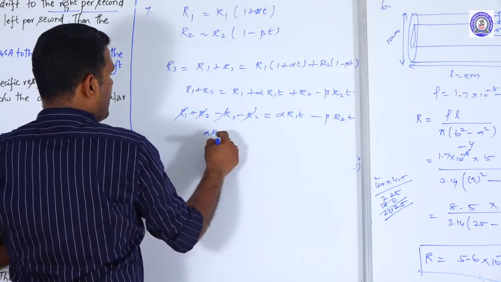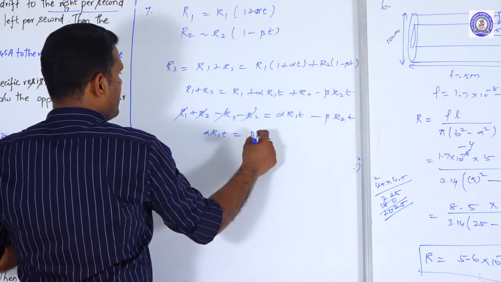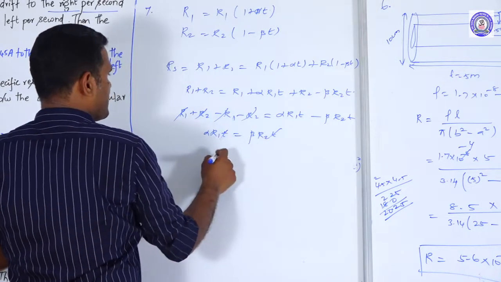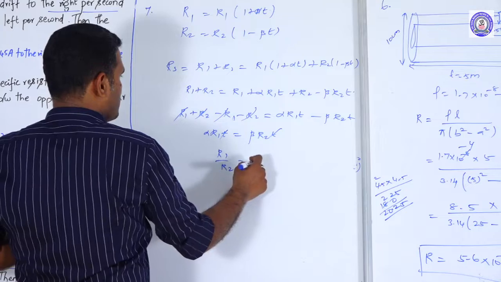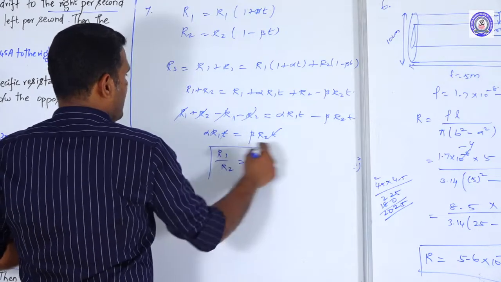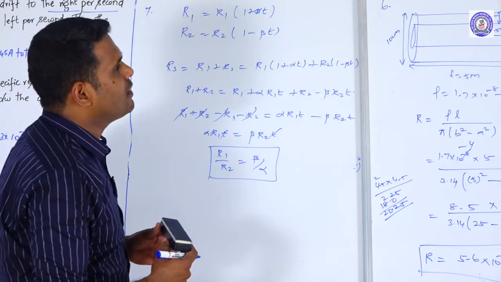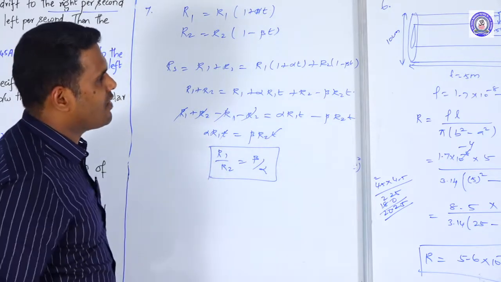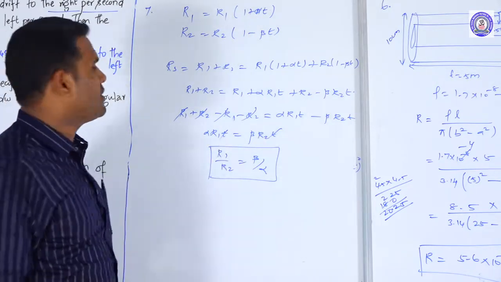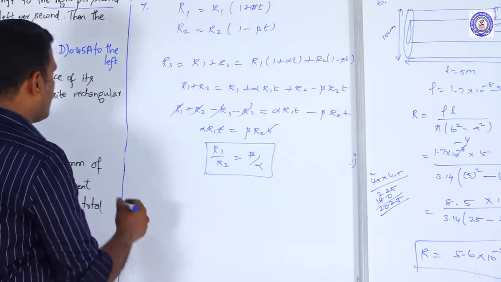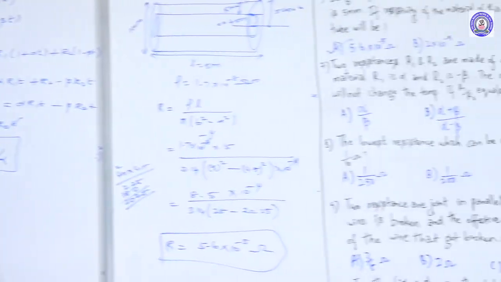So alpha R1T equals beta R2T. This gets cancelled out. R1 by R2 is equal to beta divided by alpha. If the R1 by R2 ratio is equal to beta divided by alpha, then the resistance of the series combination of R1 and R2 will not change with temperature. This one. And then question number 8.